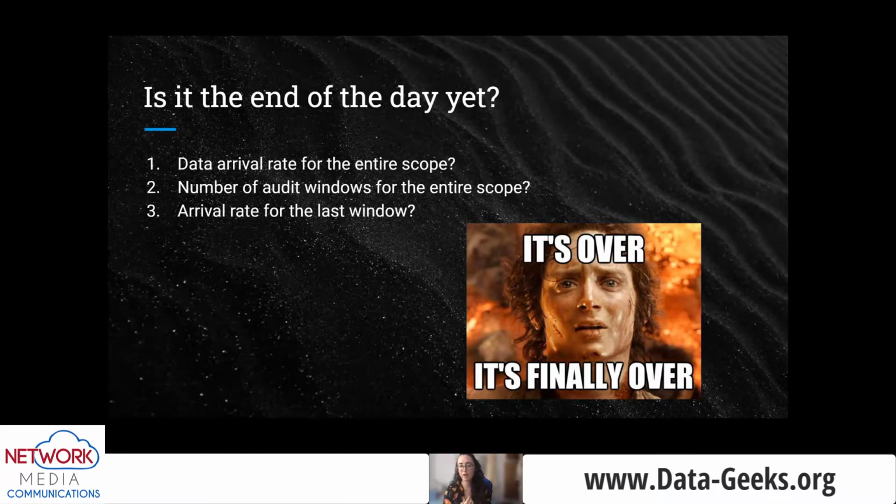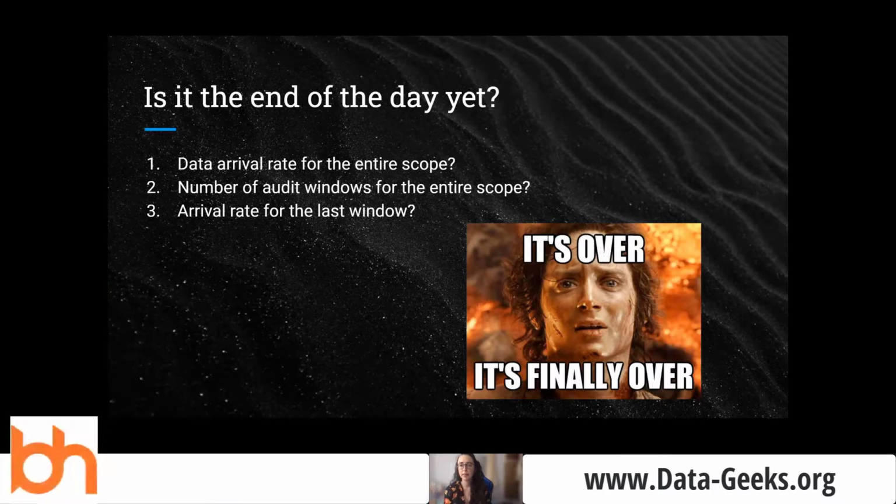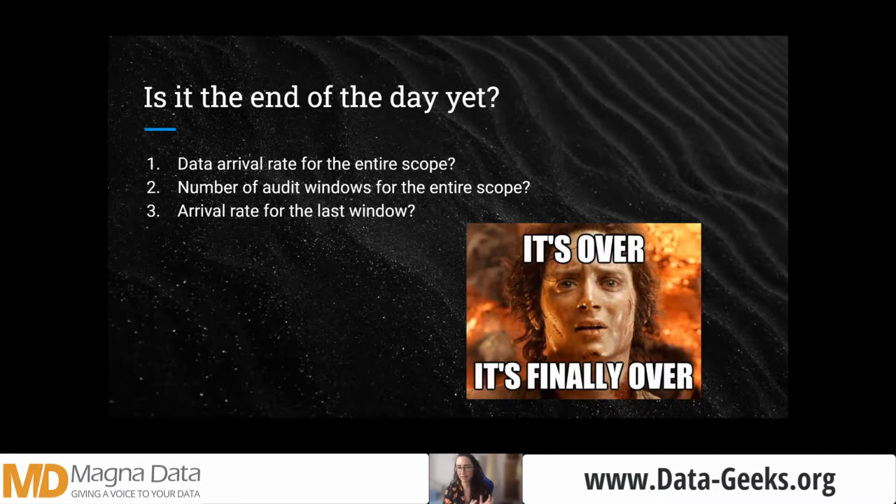We know how many windows are supposed to arrive for a certain time scope. And if we don't see that number of events in the table, then we know that we have a problem with our auditing subsystem, and we can't really answer this question. We can't really know if the day is over.